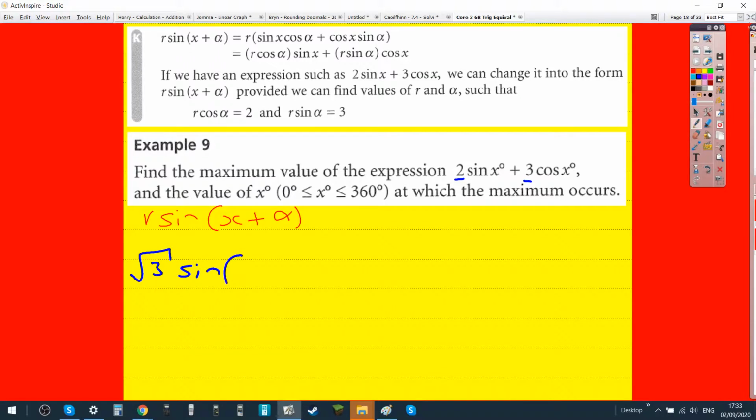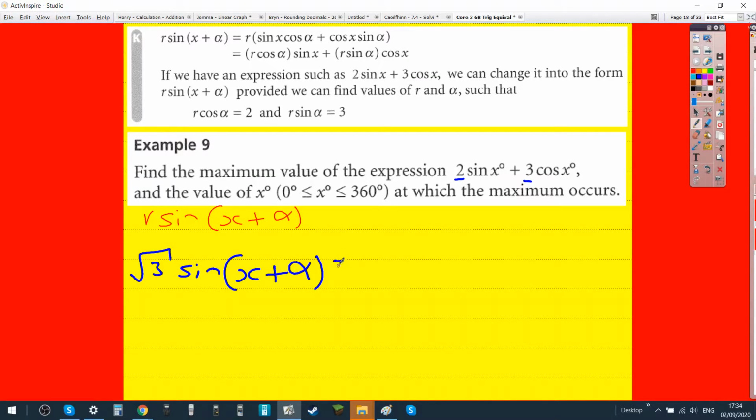Wait, I'm confused what that R means. It is just like the coefficient. So instead of having sine x and cos x, we're just going to write it as something sine x plus something, in terms of a double angle. So we're going from a double angle answer back into the original double angle thing.